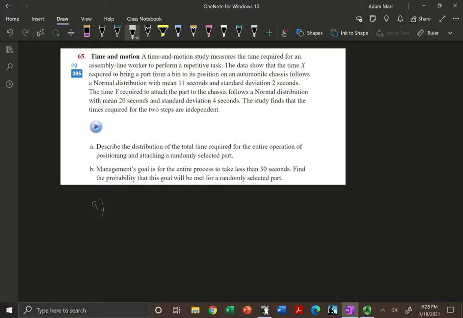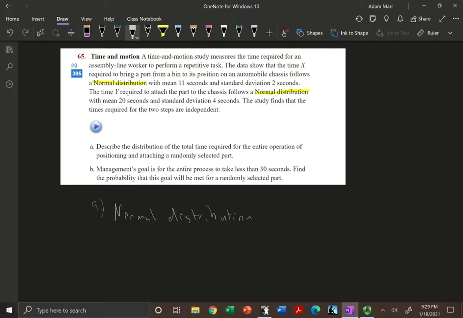First of all, we know that the first distribution is normal, and the second distribution is normal. So we know it's a normal distribution. But on top of it being a normal distribution, we have to describe its mean and its standard deviation.